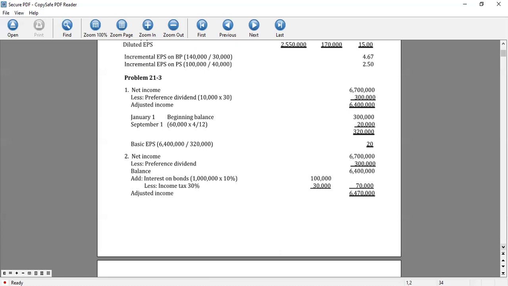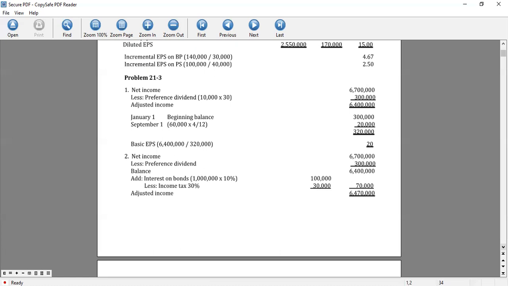So we have now the average number of shares for 2020 in a total of 320,000 shares. So the basic EPS is the net income of 6.4 million divided by 320,000 shares, or 20 per share.